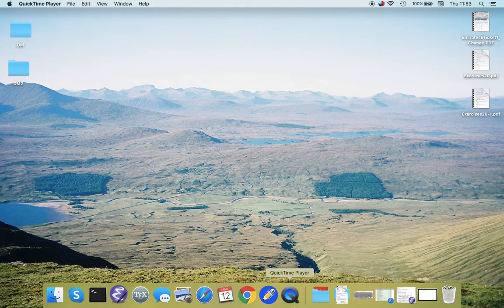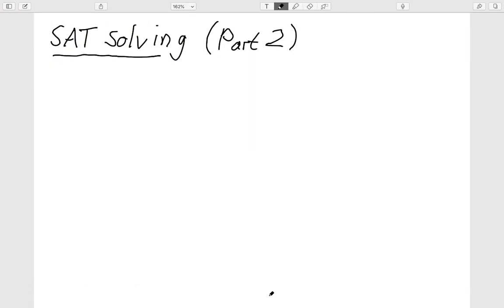Right, this is part 2 of the SAT solving lecture, and what we're going to do in this part is look at using the DPLL algorithm ultimately on a computer to solve a practical problem, well, a sort of practical problem, and that problem is solving sudoku puzzles.